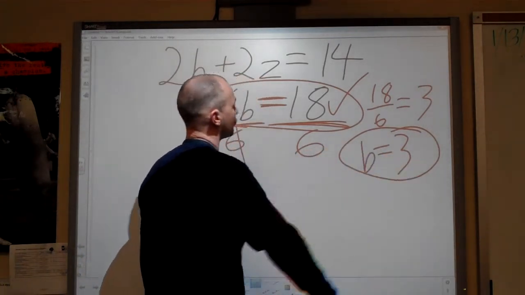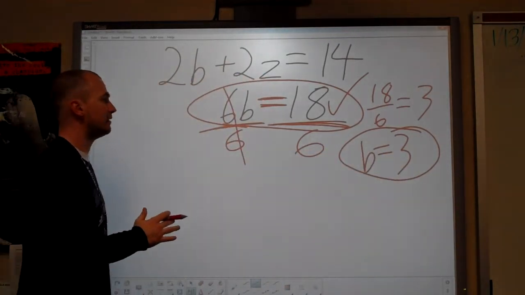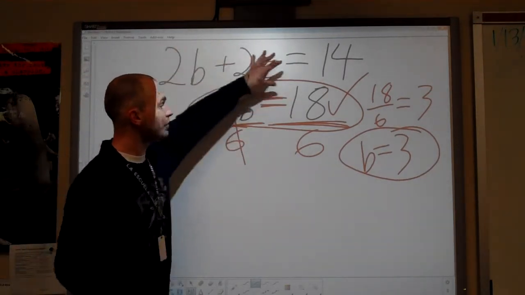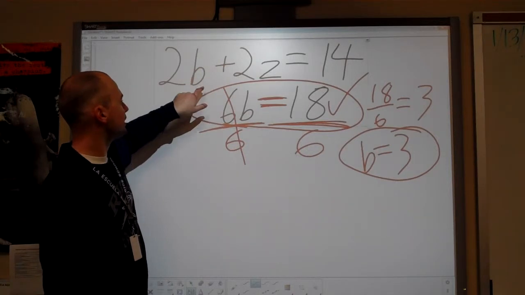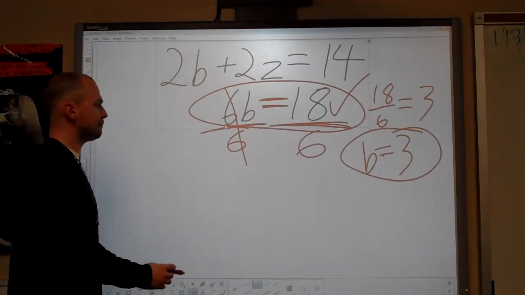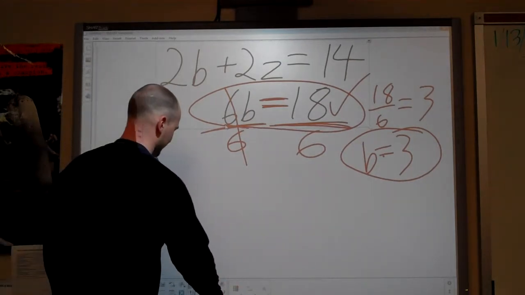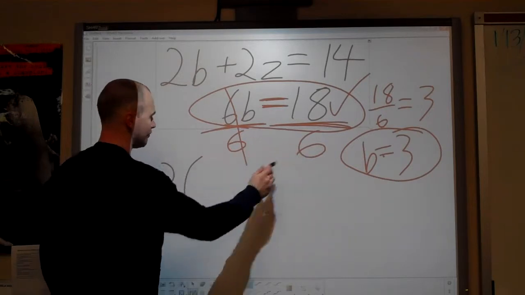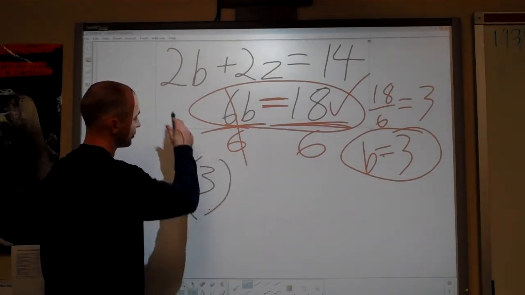B equals 3. Now, I'm going to substitute. I'm going to rewrite this original top problem, only instead of B, I'm going to write what B equals. In this case, B equals 3.